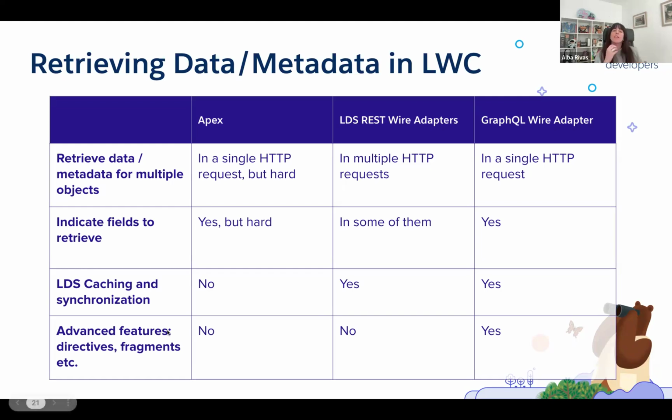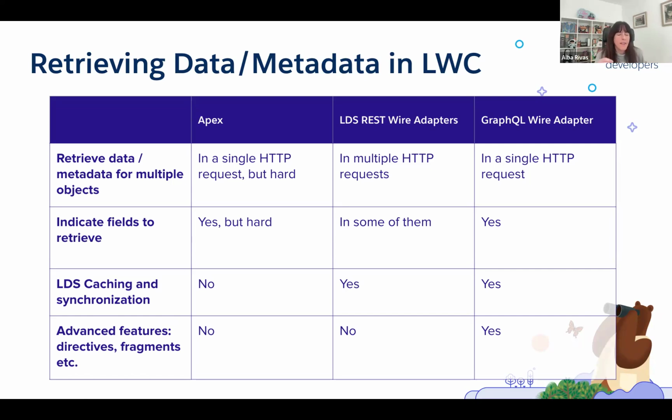Yeah, and something else. The GraphQL syntax has some benefits over SQL. The GraphQL syntax has advanced capabilities such as directives and fragments that allow you to reuse your queries or chunks of your queries in other queries and give you a lot of flexibility.